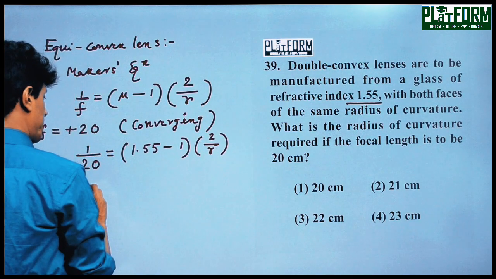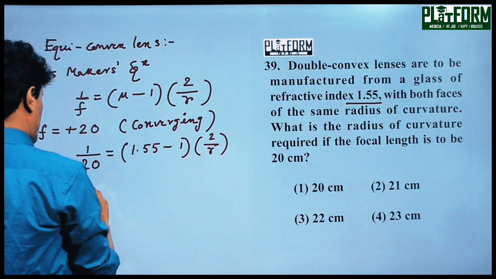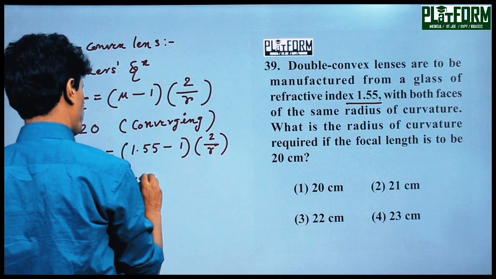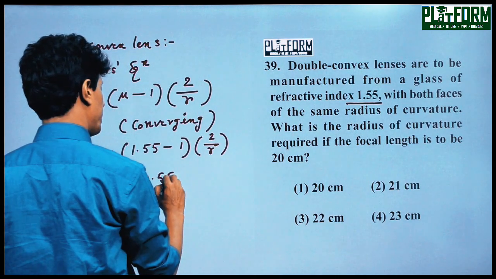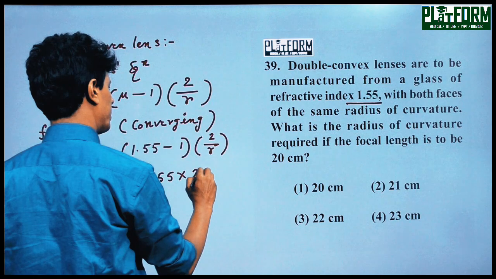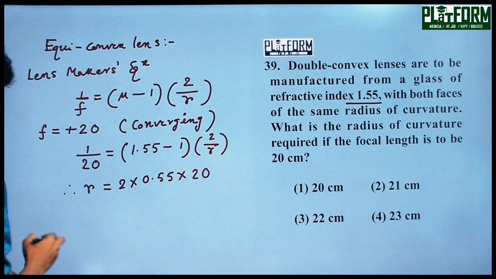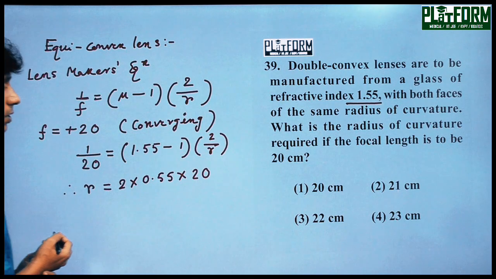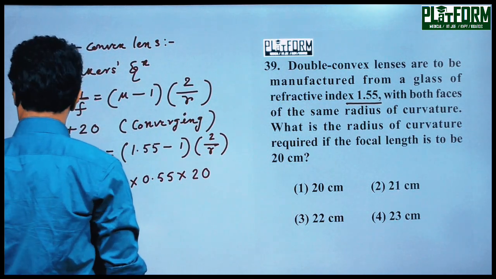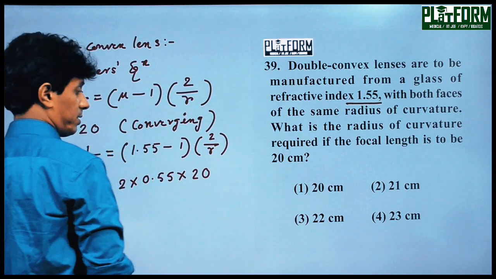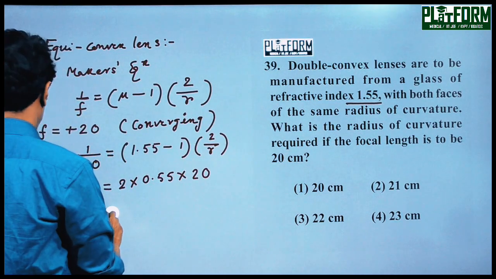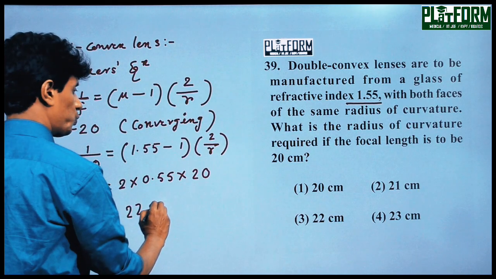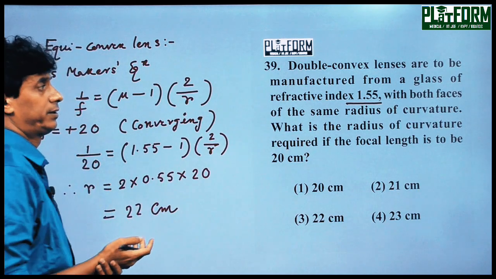So r equals 2 into 0.55 into 20, and through simple calculation, this is 22 centimeter.